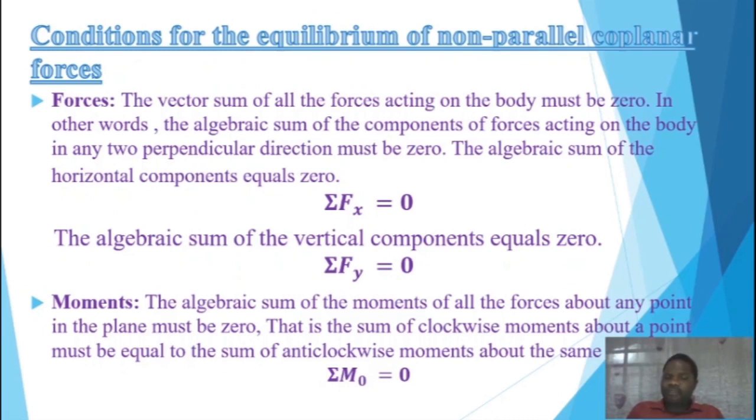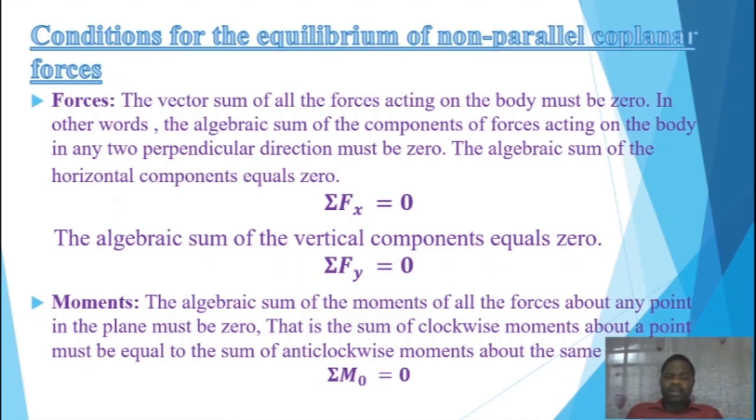That's why we have sigma Fx equal to 0. Fx means all the forces acting in the x component, that's the horizontal component. Then again, the algebraic sum of all the vertical components must be 0. So the vertical component, sigma Fy, is equal to 0.